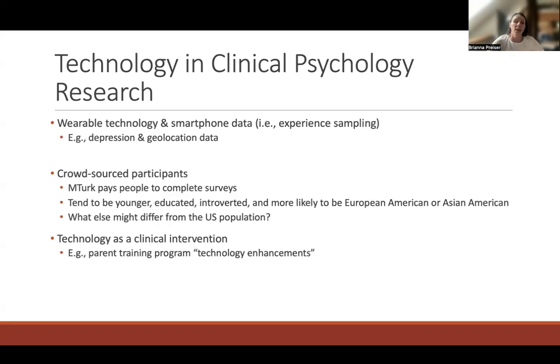Now to briefly touch on technology in clinical psychology research, because it is increasing over recent years. Clinical psychologists are involving new forms of technology in their research. Sometimes they're using technology to collect data.